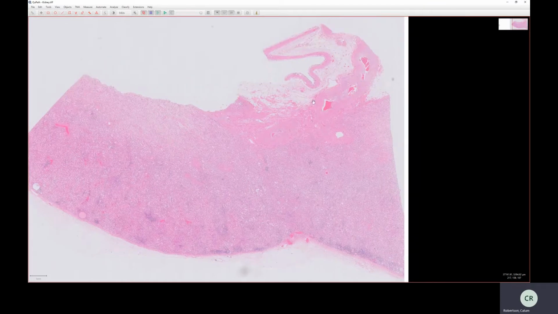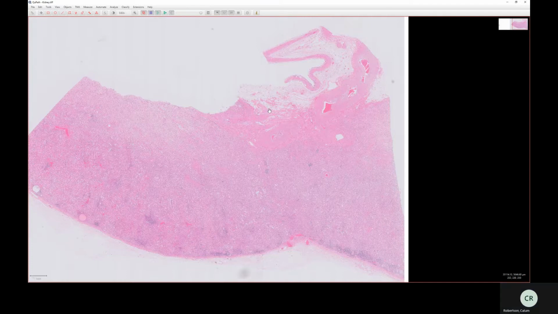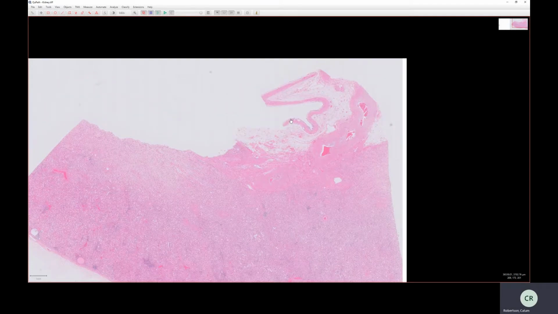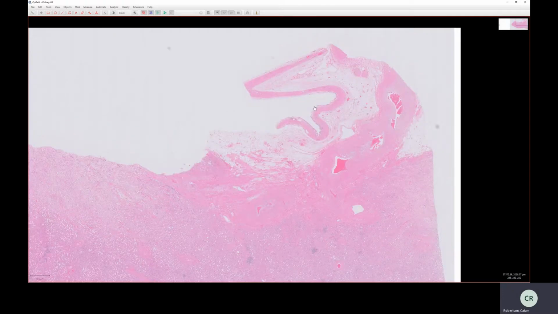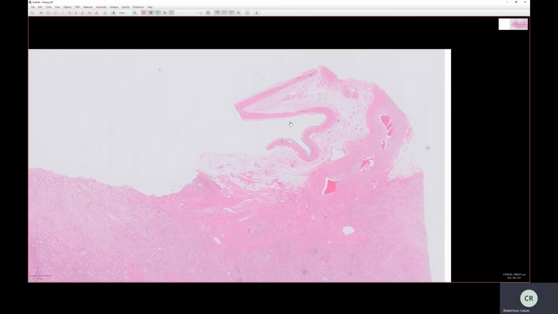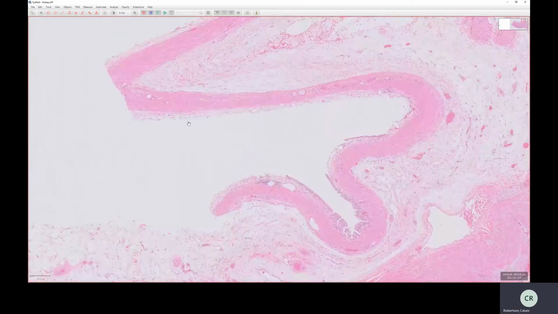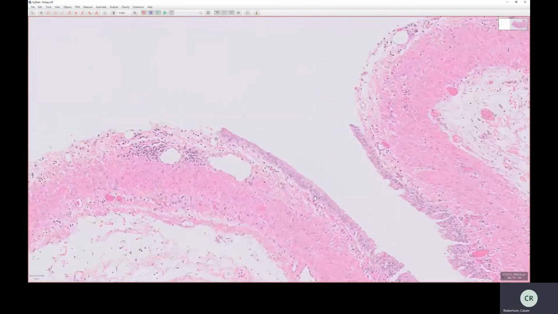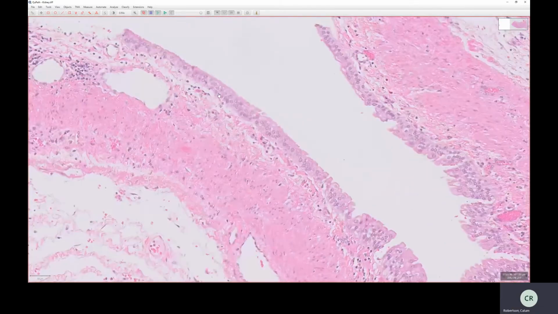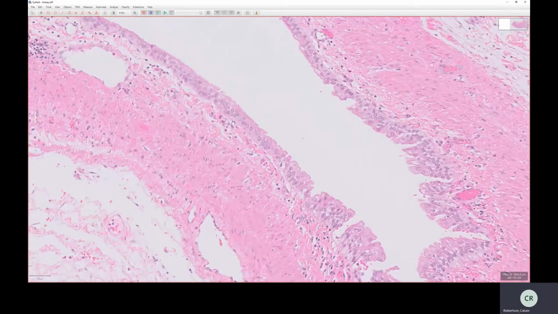There's also the renal pelvis here, which has got fat in it, renal pelvis fat, and also big blood vessels and some connective tissue. And beneath that, we've got urothelium. This is a renal calyx, and it is lined by urothelium. If you zoom in a bit, this is stratified transitional epithelium, or urothelium.